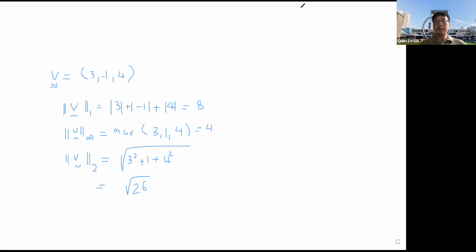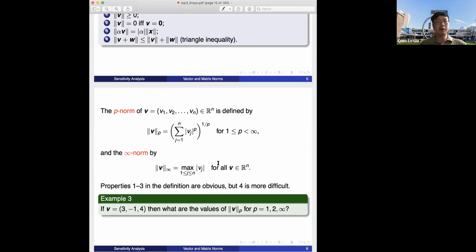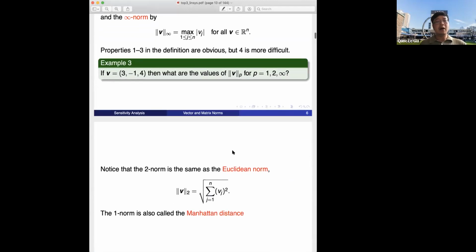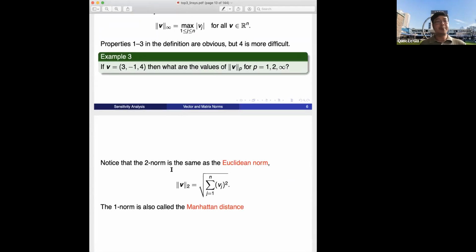Now I go back to the slide. Maybe you've seen this before. Now there is an interpretation. The 2 norm is the same as the Euclidean norm, so it is essentially the length of the vector.